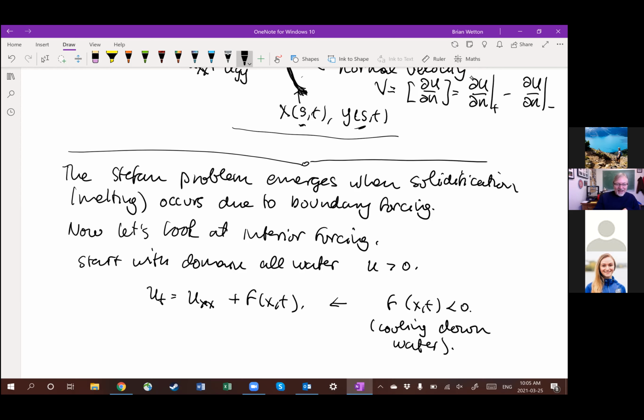I'm trying to think of an example of how this could happen in water. You'd have to have water with some stuff in it that was having some sort of endothermic reaction in the bulk. So it's a little bit artificial.